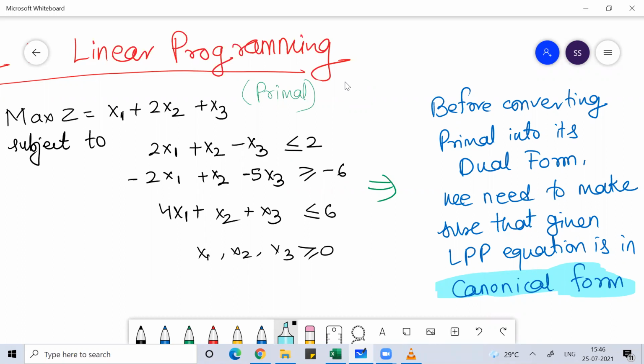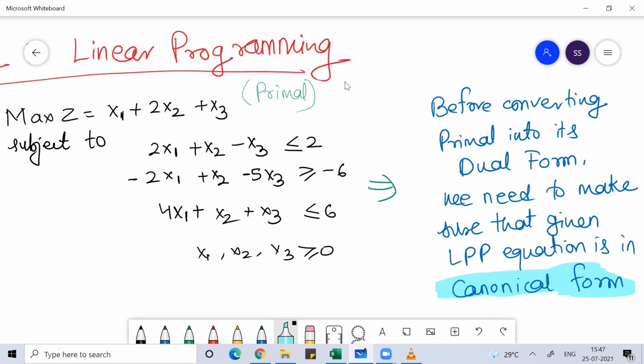Then it's always good if we can write the problem in its dual form. And before you do that, you need to make sure that your LPP equation is in canonical form. This is a new term I've introduced here.